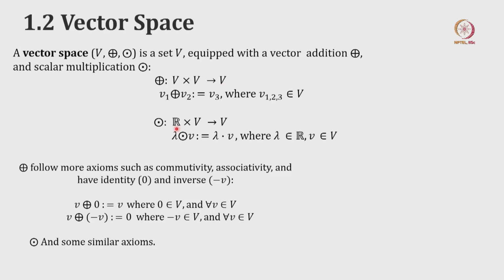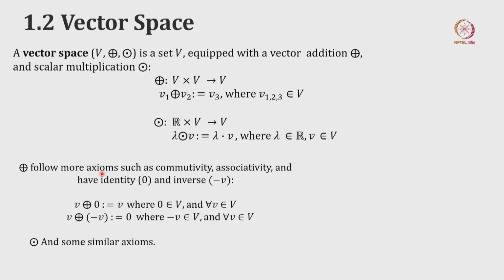Then we multiply with some scalar number each element, and we get a new element that also must be part of the same vector space, and we denote it like this element-wise. So, lambda is a scalar number, and with this multiplication symbol multiplied with an element v of this vector space, we get a new vector lambda v, and that must be part of this vector space.